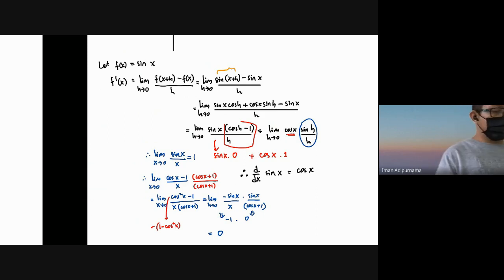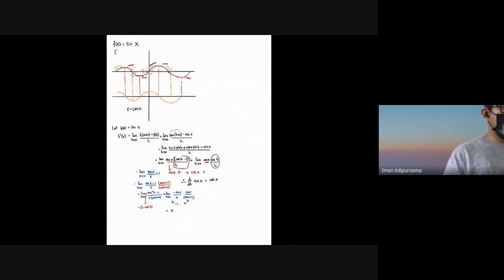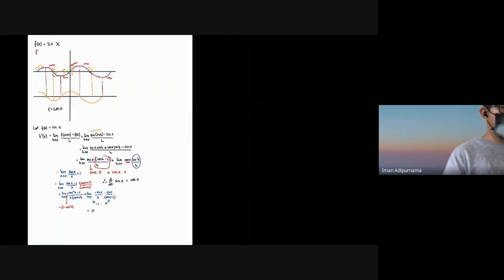Okay, let me write several important trigonometric functions that you can also derive from the sine x. From the sine x, let me write the whole thing. Sine x becomes cosine x.